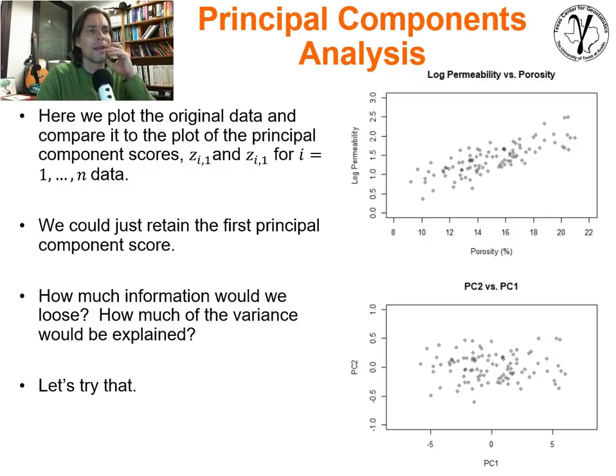My apologies. So let's look at what that transform looks like. We take the original data, porosity and log permeability, and we transform it to the principal component scores for principal component 1 and 2, and we plot it. What does it look like?